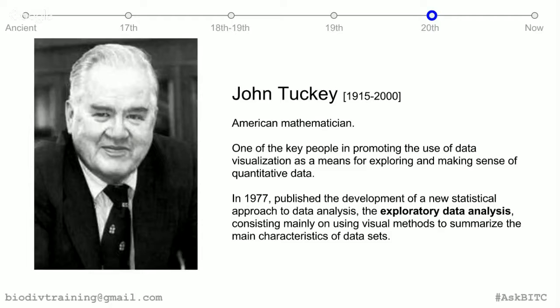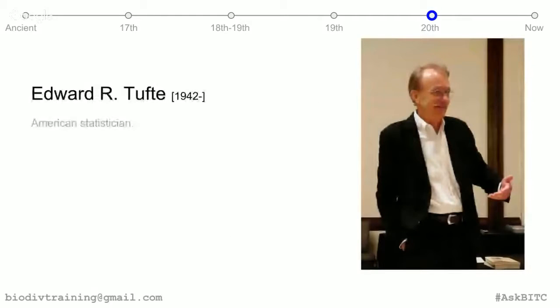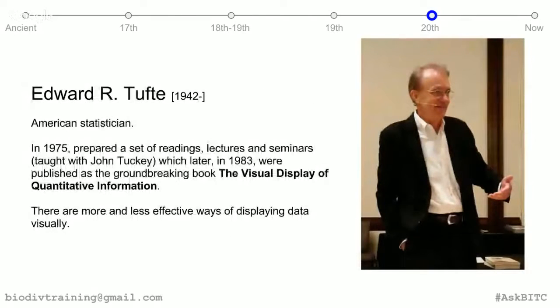But if one name stands out of the rest in today's information visualization, that is Edward Tufte. Tufte is the person with the greatest understanding of how data visualization works at all levels, beginning from the graphic representation itself to the human comprehension and the understanding of the meaning of each of the features.